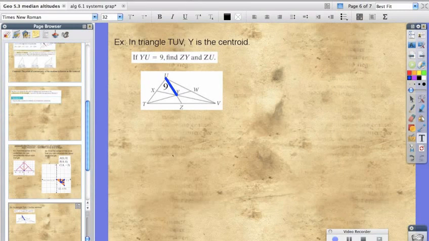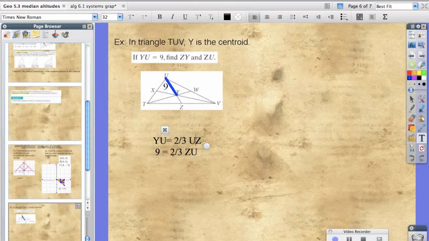Now if you remember the rules, UY is equal to 2/3 of UZ. If you notice though, they used YU, so we'll use YU also. Because YU is 9, that's equal to 2/3 of UZ.